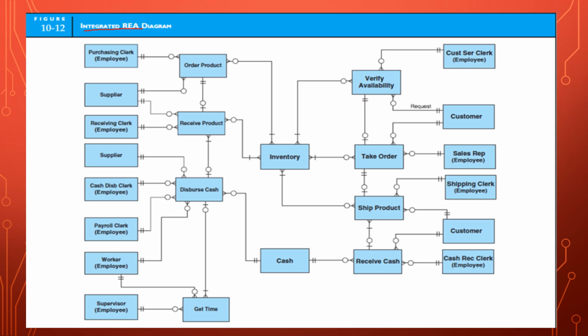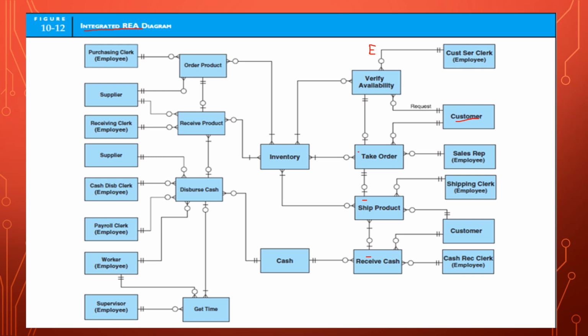On the right side we have the customer placing the order, and the events are the same example we discussed: verifying the availability, taking orders, shipping of the product, and then cash receipt.